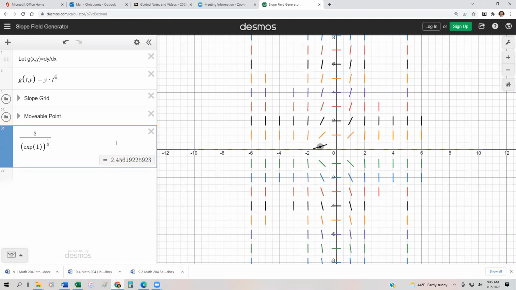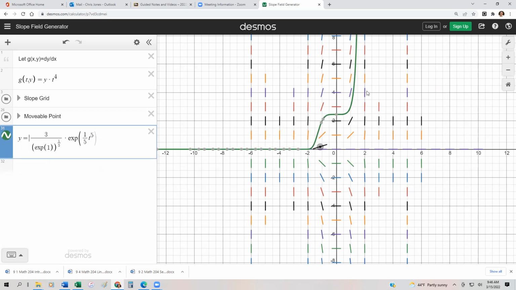And then that's going to be times exp of 1/5 t to the 5th. And we're going to have y equals. All right. And there it goes.